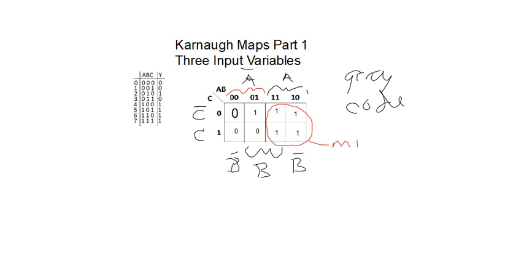There's no group of 4 that I can fit that remaining 1 into, but I can fit it into a grouping of 2. And let's use green for that one. We'll call that M2. The M stands for min terms.